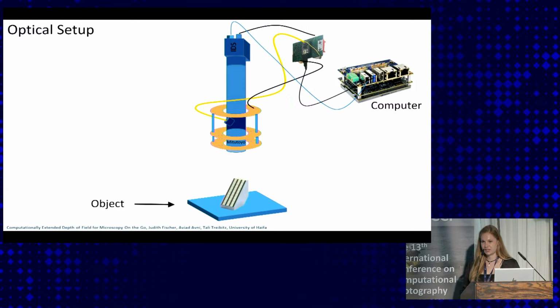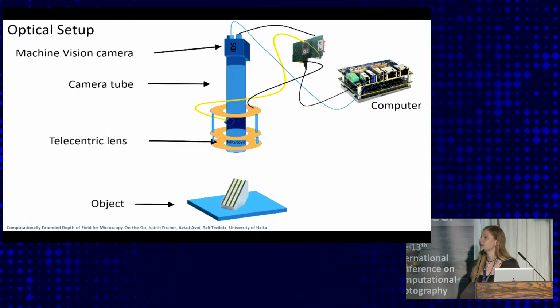Before I go into the deblurring part, I would like to introduce our optical setup. Our optical setup consists of a machine vision camera, a telecentric lens, and a camera tube. Before the telecentric lens, we are placing an electrical focus tunable lens. In our setup, we used an Optotune.